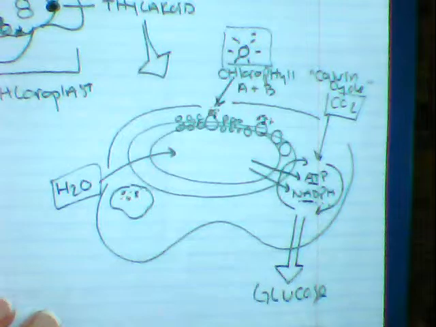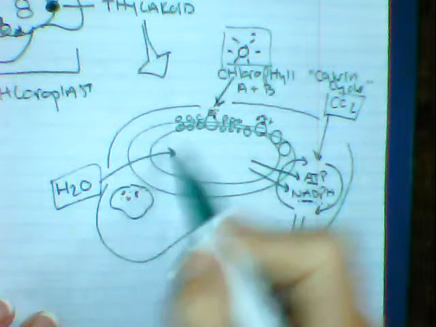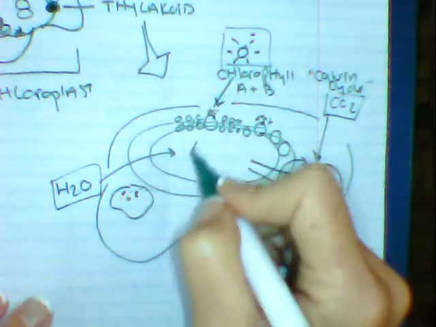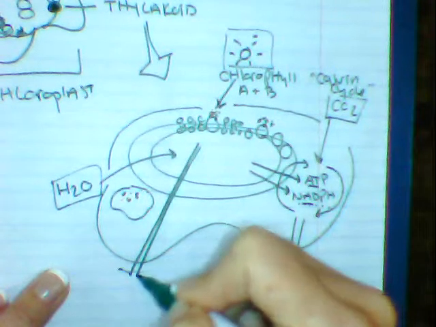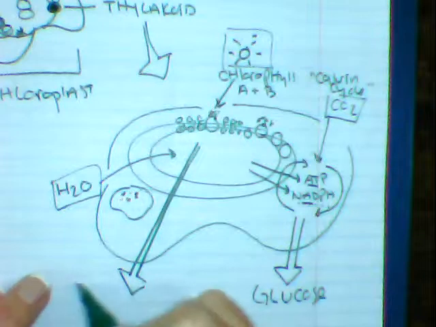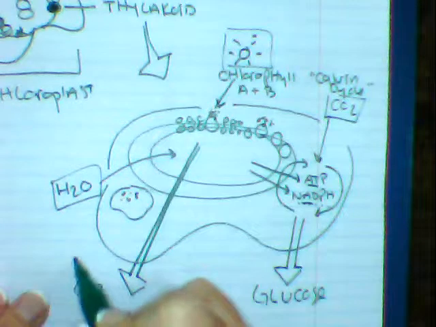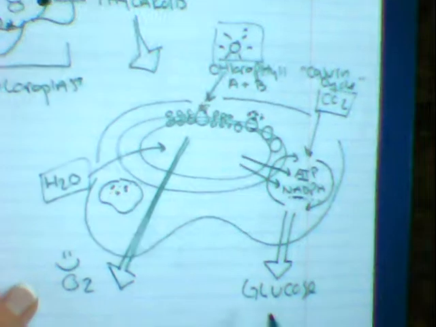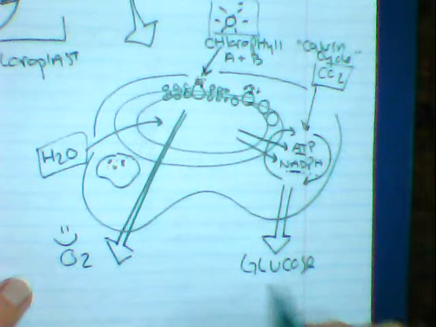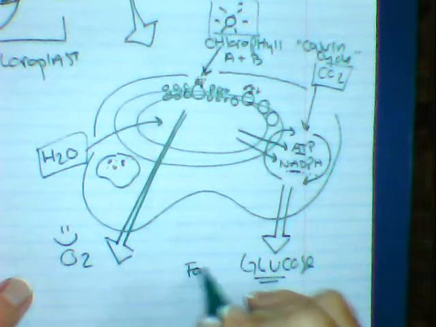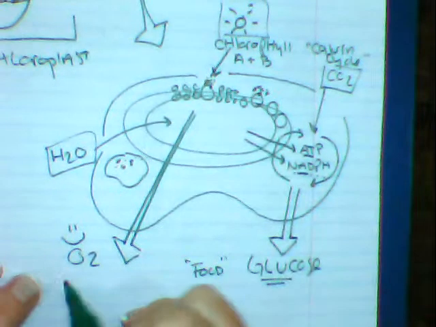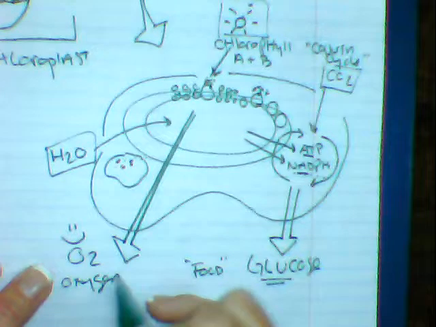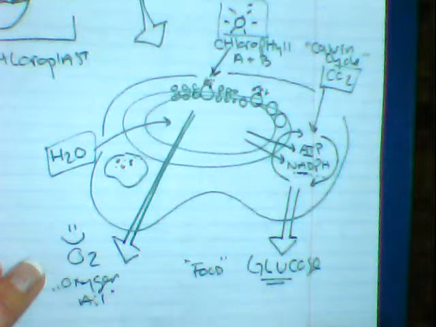Now the water is going to come in and get ripped apart by the sunlight, and it's going to pump out of the chloroplast as well your oxygen, your O2, which in turn is good because that's actually what we use to breathe. So photosynthesis, long story short, creates our food source as well as our oxygen, which is part of our air that we breathe.